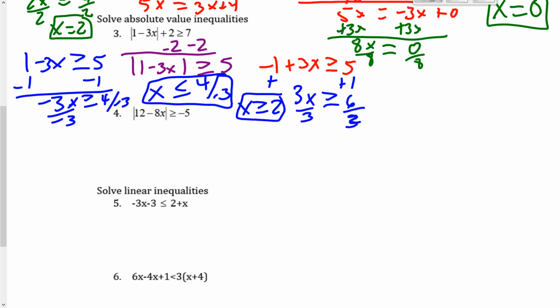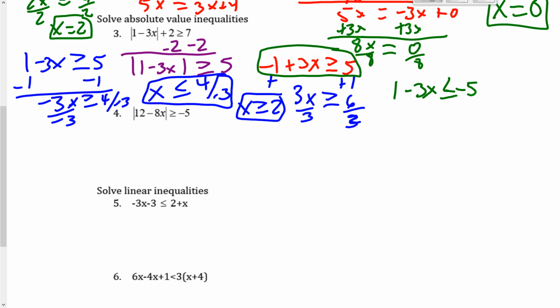And then here, the other way that you can do it, instead of switching this one, I could have written it as 1 minus 3x on the left, and I could have changed the 5 to a -5. But if I change that one like that, that means I'm multiplying by a negative, so I would have to flip the sign.